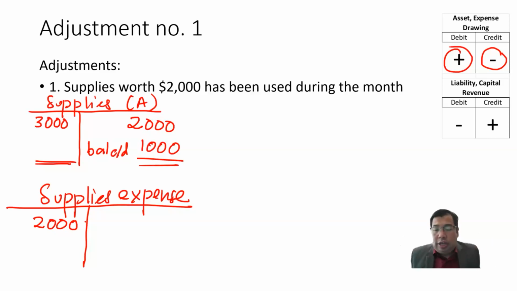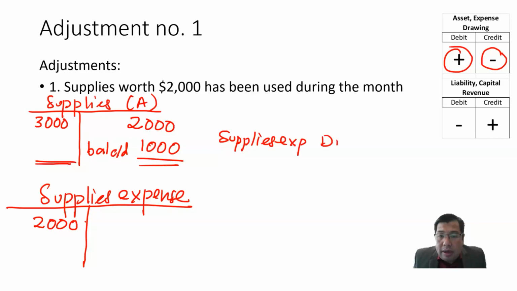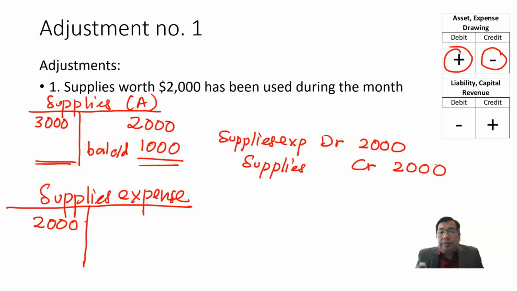So in terms of journal entry, what should I do? The journal entry will be supplies expense, debit 2,000, okay, and supplies, that is the asset, I'm going to credit by 2,000.